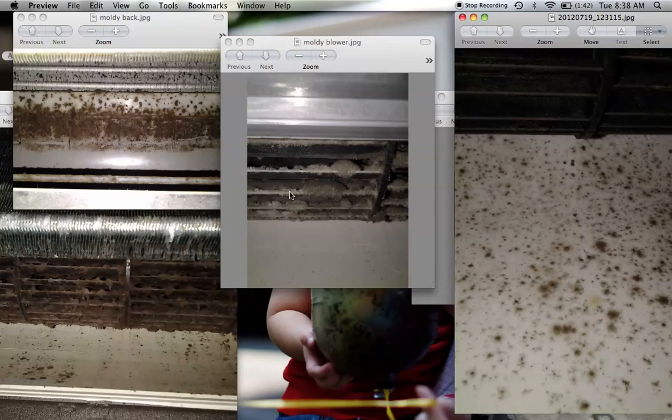So what happens is that they attach a brush to the tip of the vacuum, and they stir it around, trying to dislodge the mold, and then use the vacuum to suck away the mold that has actually dislodged.